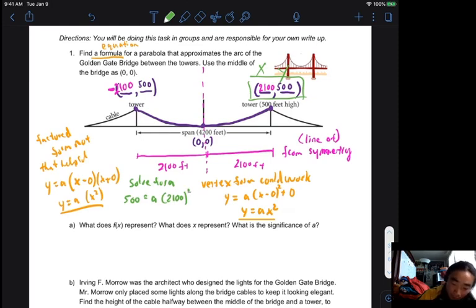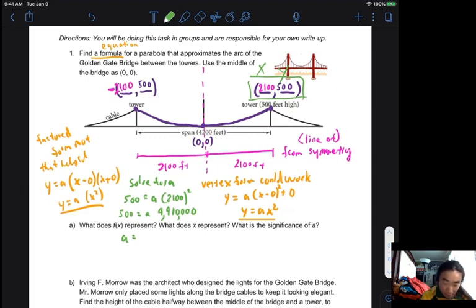That's a really big number. So 2100 times 2100, you get 4, 4, 1, and then 4 zeros. So a equals 1 point something really, really small, or 0 point something.